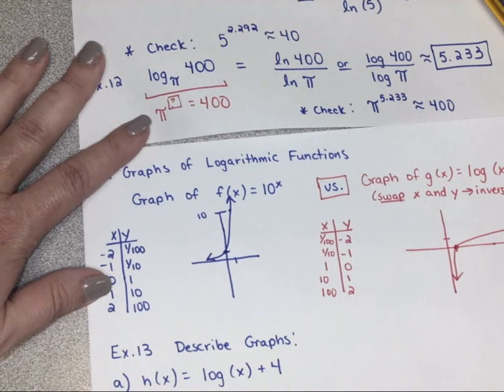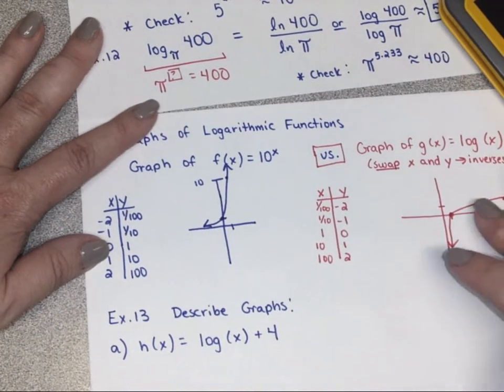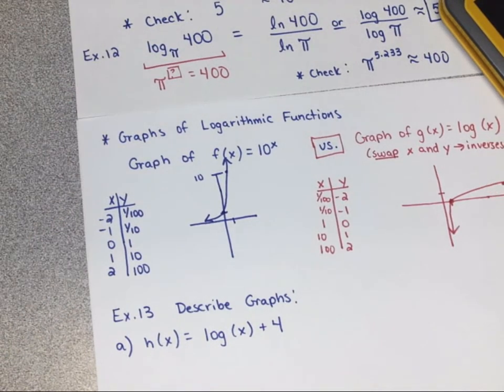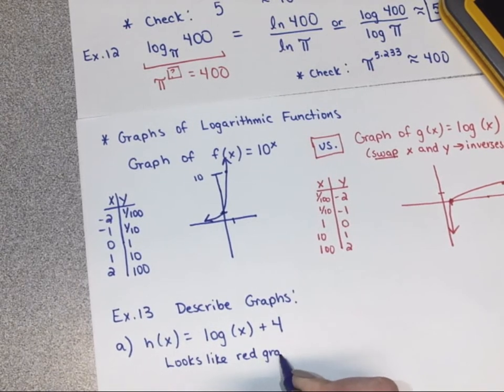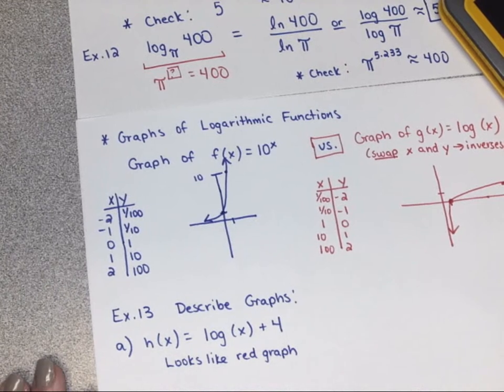So if I ask you to describe for me the graph of the log of x plus 4, okay, note that it would look like the red graph. Mine's red. You can write whatever color you have. Okay, so it looks like the red graph, but shifted up 4.